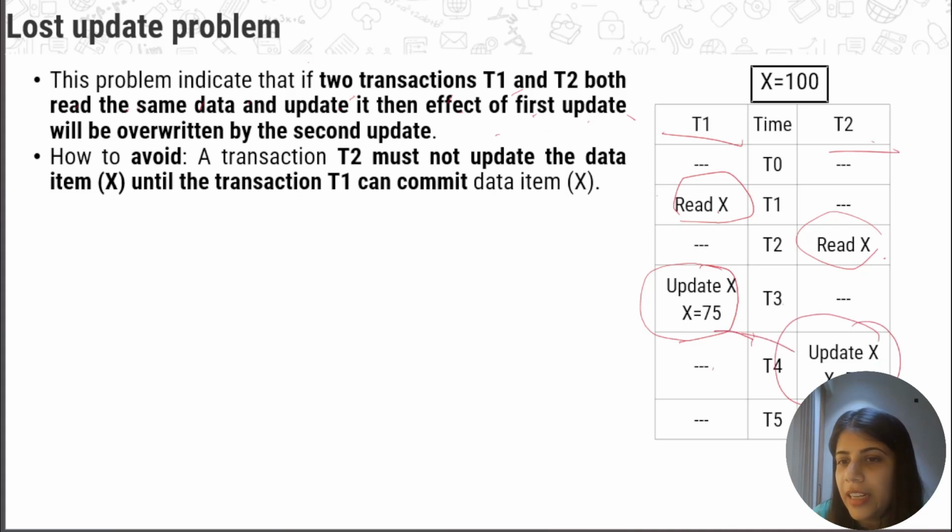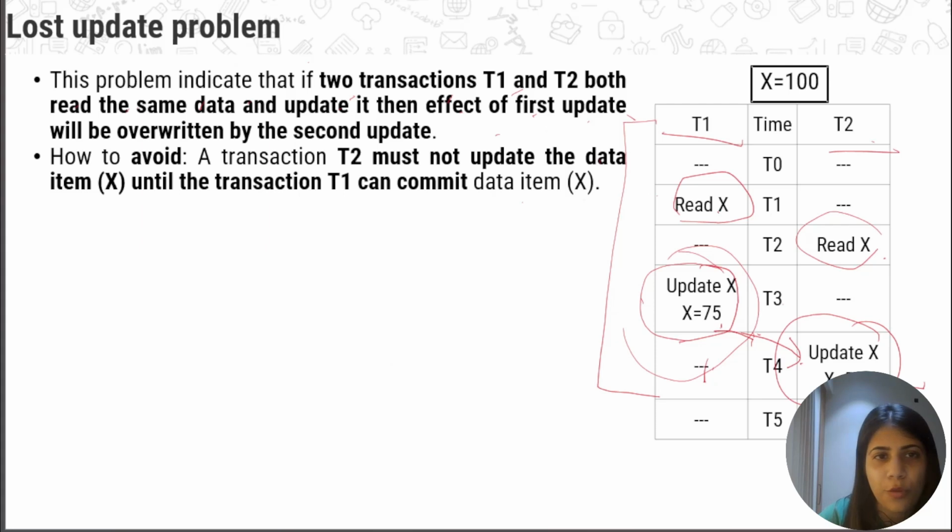This will override the earlier update. However, this should have finished first and the other should have happened later. So transaction T2 must not update the data until transaction T1 has completed and can commit that data item X. In such scenarios, we lose the updated item. So this is called the lost update problem.